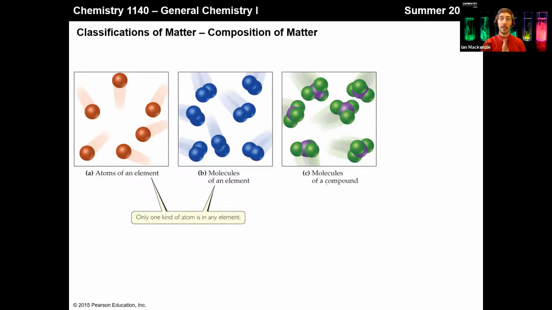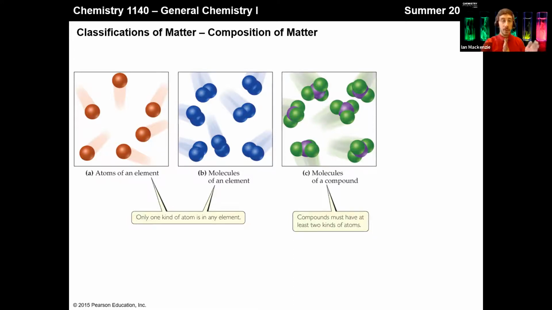Additionally, we could have, so just to clarify here, compounds have at least two different types of atoms, whereas in the previous case, you can have molecules that are just molecules of a single element.